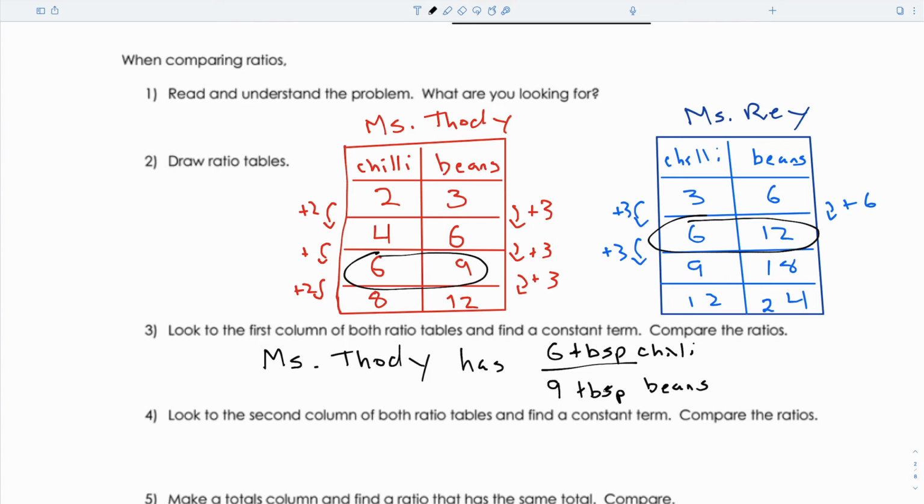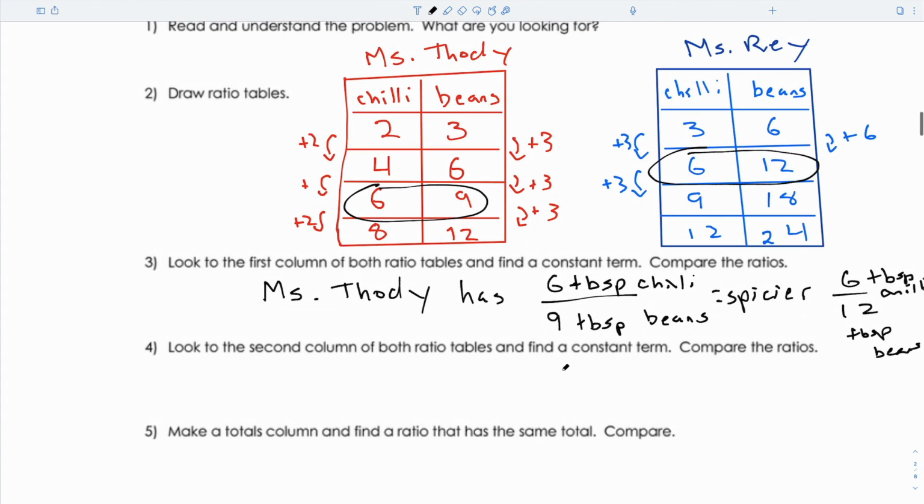This is spicier than 6 over 12 because there are more beans to dilute it. We could put the labels here. I'm running out of room. Okay. That's one way of comparing it.